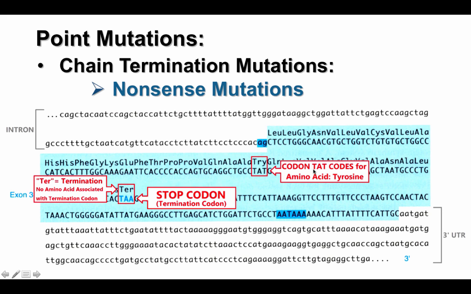And actually, this is erroneous. The codon is actually going to be UAU, because if you recall, the codons are actually in the messenger RNA, and RNA does not have thymine. RNA only has uracil instead of thymine.